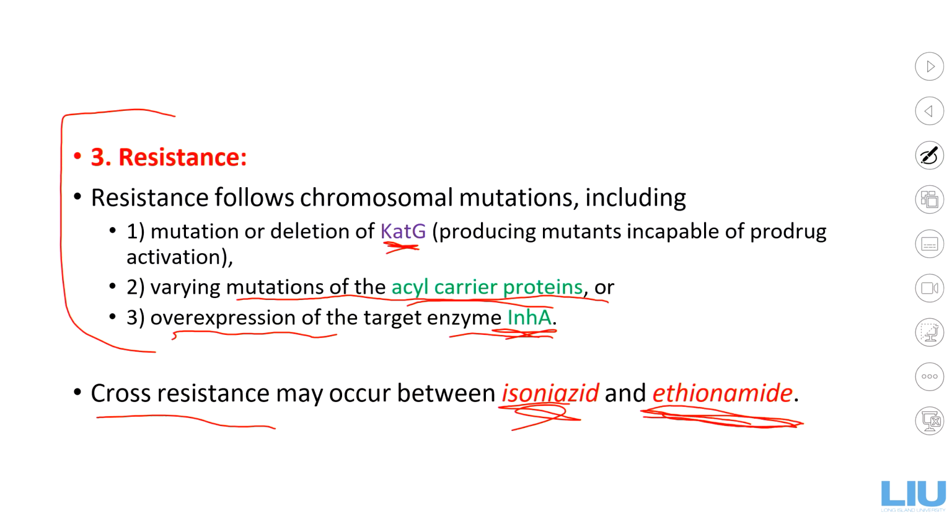What does that mean? What do we mean by cross-resistance? If the bacteria is resistant to isoniazide, it's going to be also resistant to ethionamide, okay? What does that tell us about the ethionamide structure and mechanism of action? It's very similar. As we will see later, because this drug will be covered at the end of the lecture, it actually has a very similar mechanism of action.